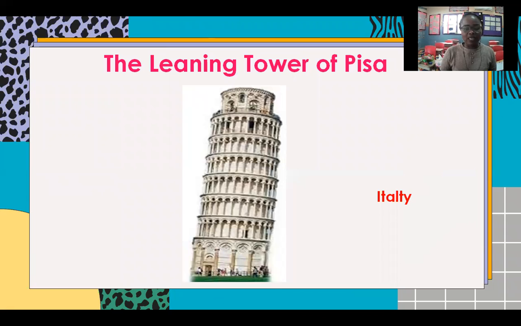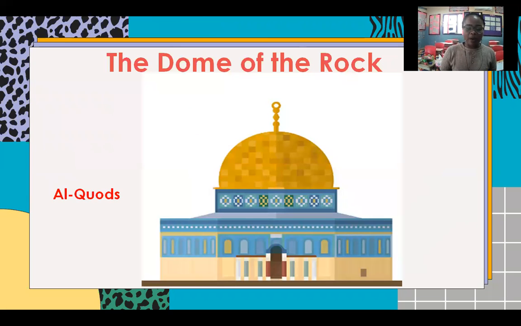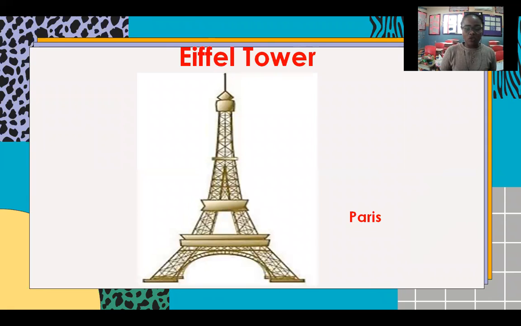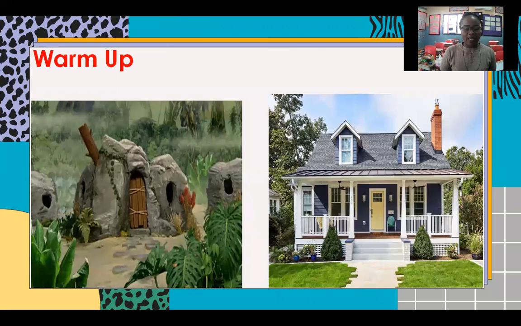The Leaning Tower of Pisa, located in Italy. The Dome of the Rock, located in Al-Quds. The Statue of Liberty, located in New York. And also the Eiffel Tower, located in Paris.